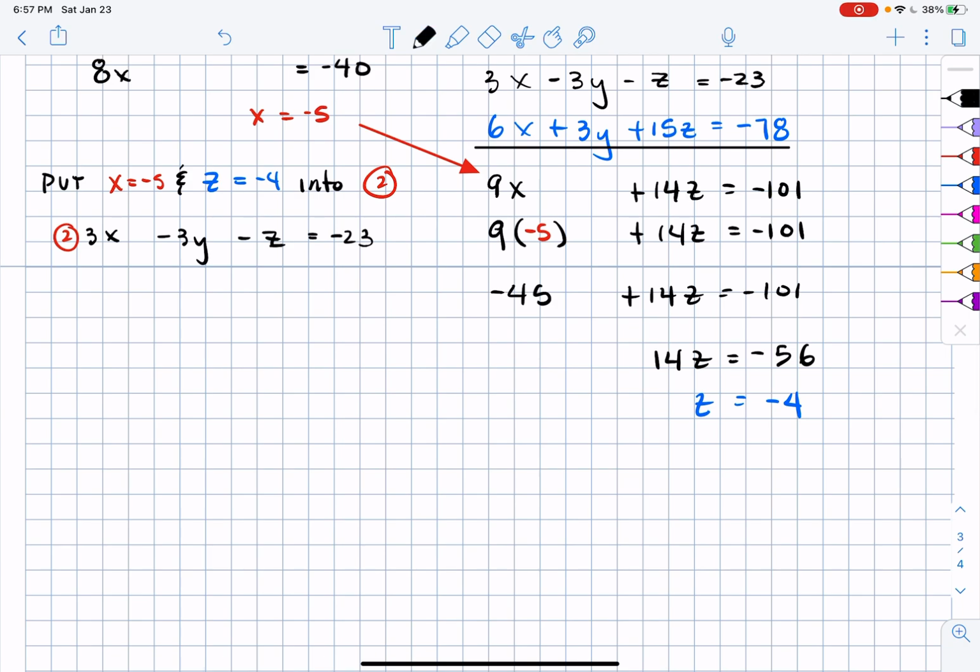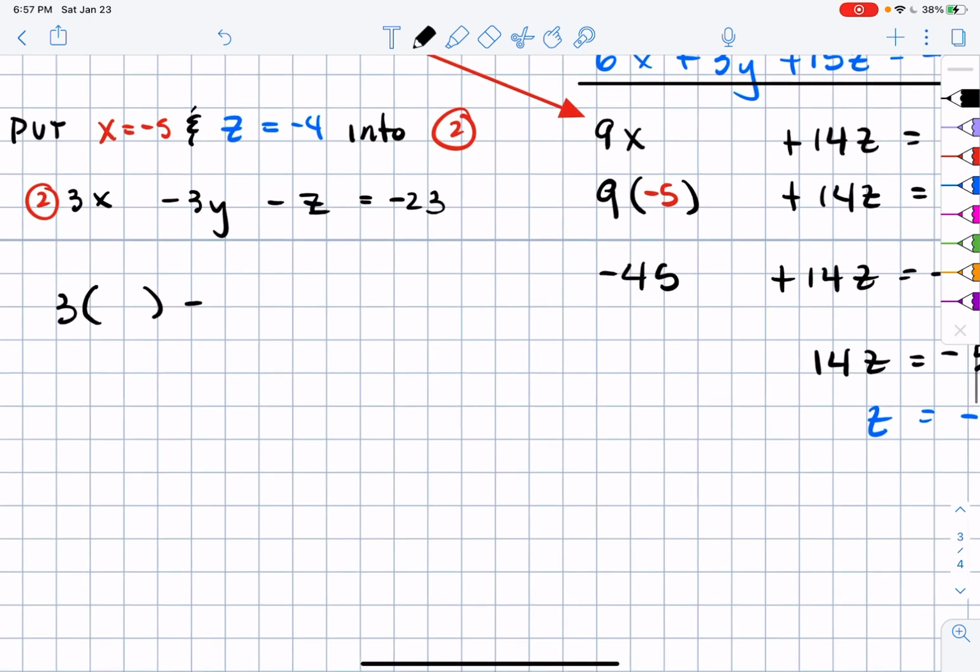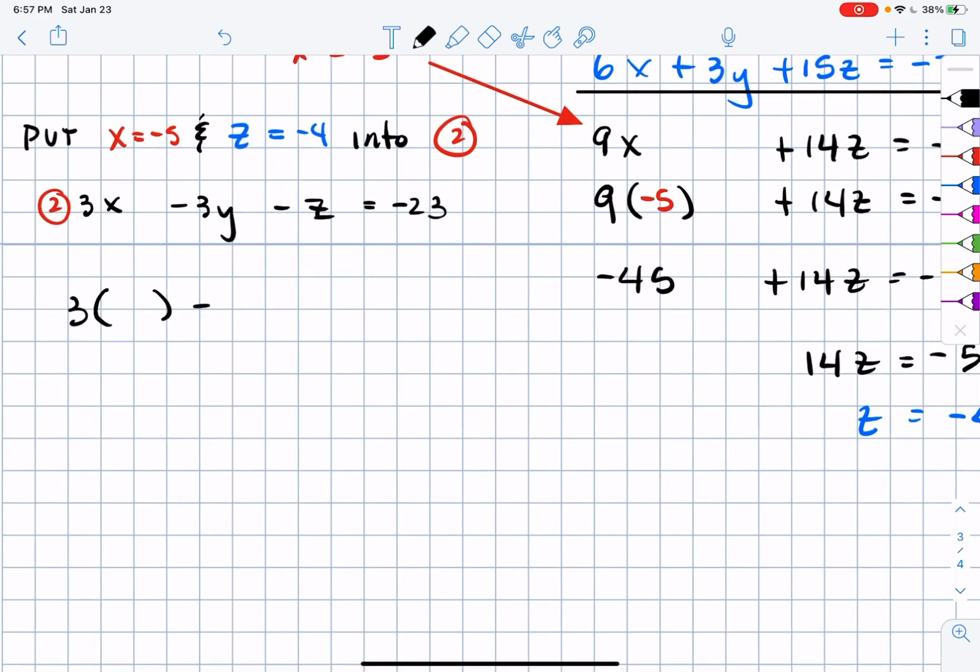So I got 3 times negative 5 minus 3y minus a negative 4 is equal to negative 23. Let's write those numbers in there: negative 5 here and negative 4 here.